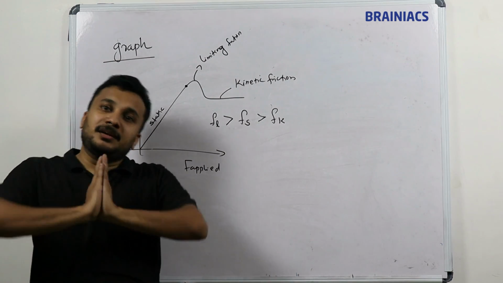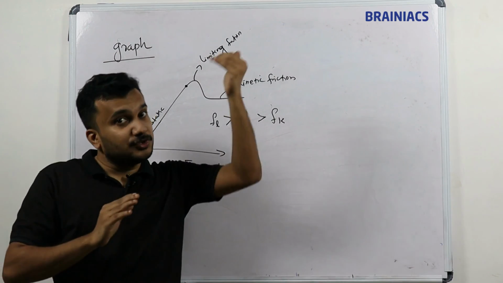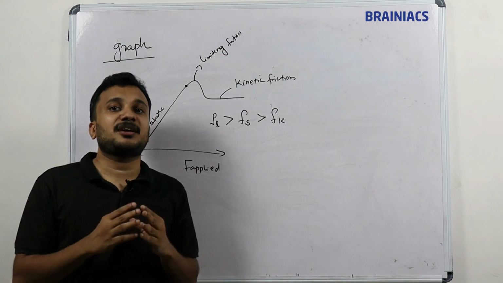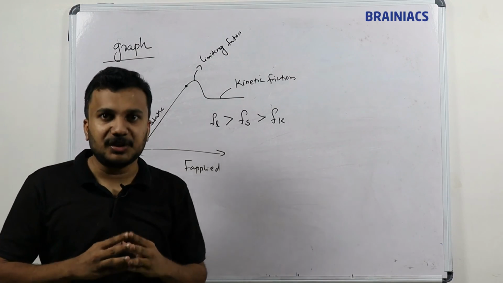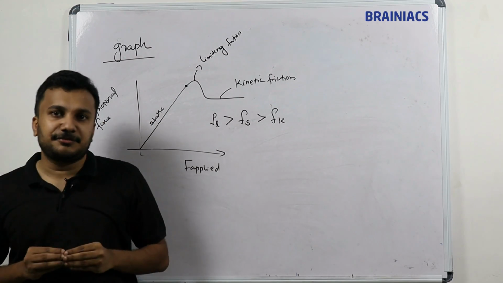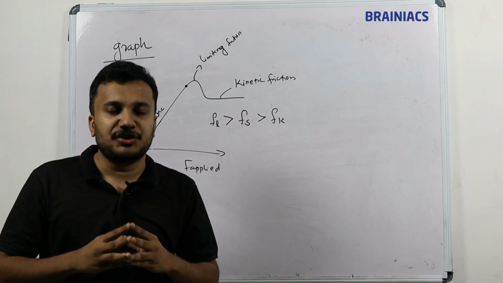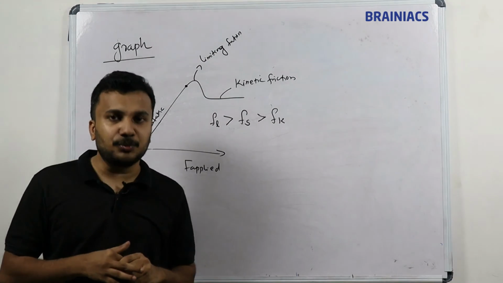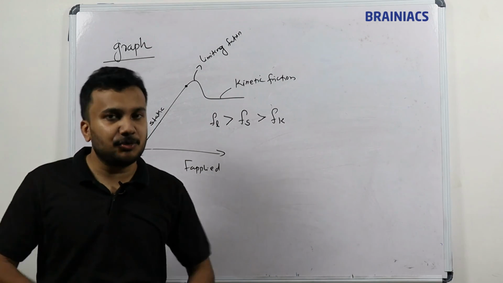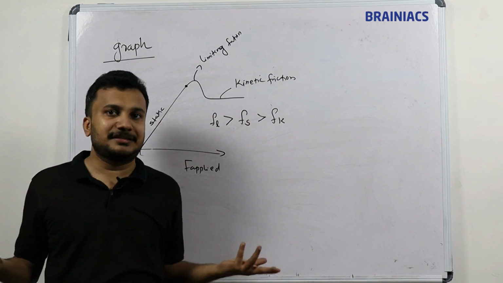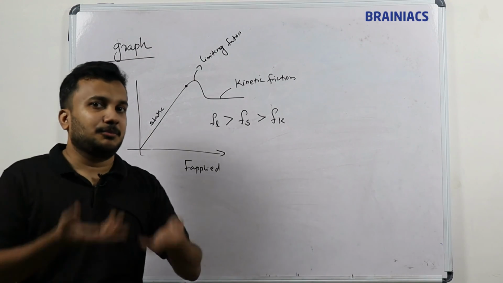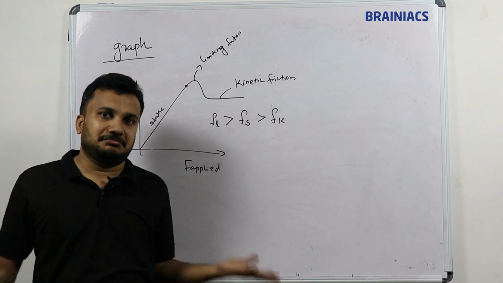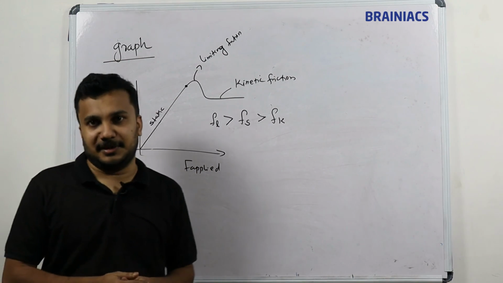Other way around, if the applied force is higher than the limiting friction value, then we have to find the kinetic friction value. Normally the coefficient of kinetic friction is mu k and static friction is mu s. If not specified in the question, it is given as mu. You can find the limiting friction, then see whether it is higher or lesser. Most of the cases it will be lesser, so acceleration will be there.